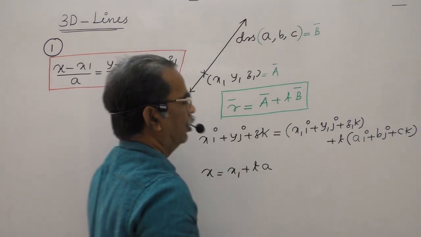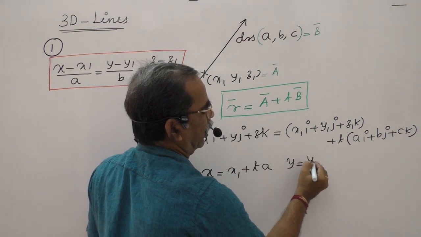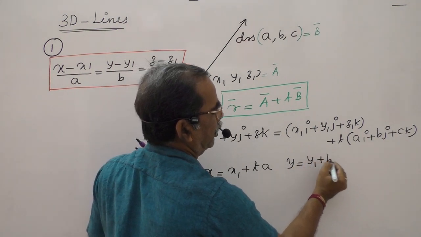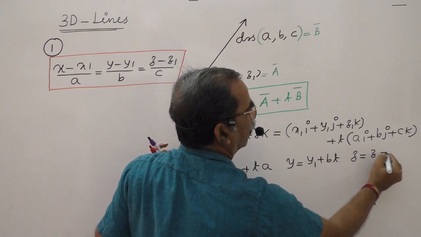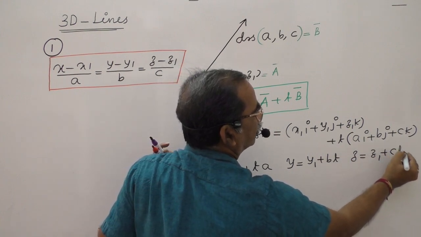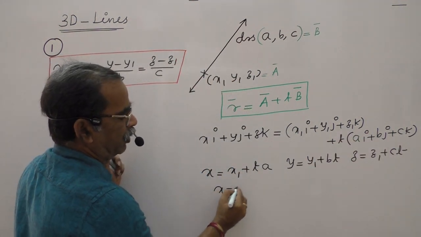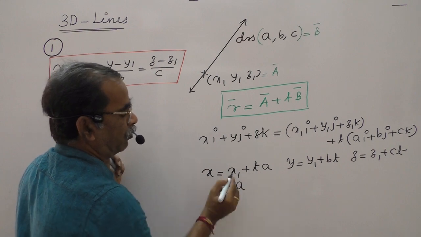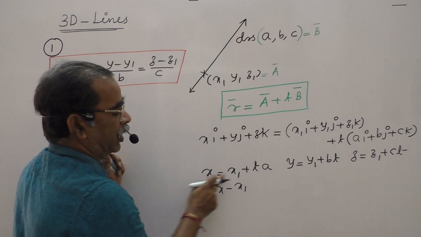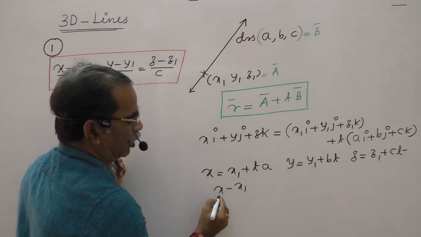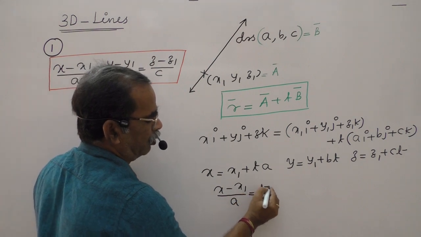Similarly, if you compare j coefficients, on the left side y is there and on the right side y1 plus bt, and z is equal to, similarly, z1 plus ct. So from this I will separate the t value. This can be written as x minus x1 first. Write x1 on the left side, then also write a on the left side, it divides. What is the value? t.